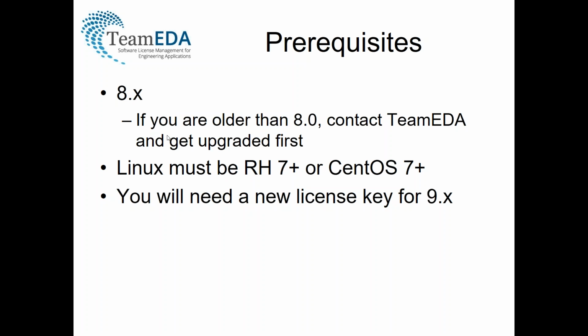We'll have to help you upgrade to an intermediate version to get to 8.0, and then you can go directly from 8.0 to 9.1. If you're using Linux, you must be at Red Hat 7 or CentOS 7. You will need a new license key for 9.x. Just be aware, if you do upgrade from an older version, we need to send you a new license key from 9.0 on.